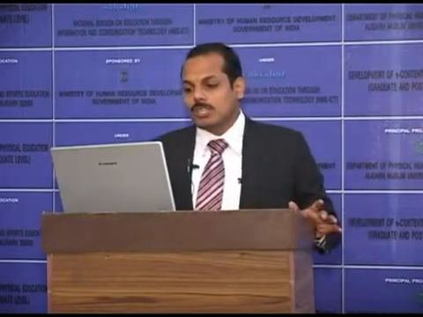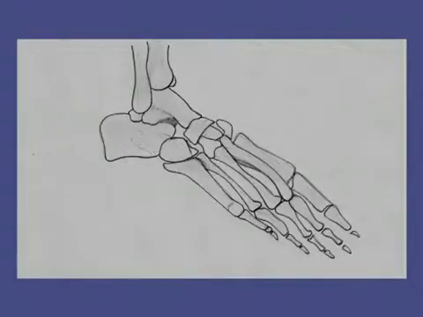Now, before concluding, we'll go through the different muscles again which cause the important movements of the ankle and foot complex. The first one is the plantar flexors, which cause plantar flexion. The plantar flexors include gastrocnemius, soleus, plantaris, tibialis posterior, flexor hallucis longus, and flexor digitorum longus.